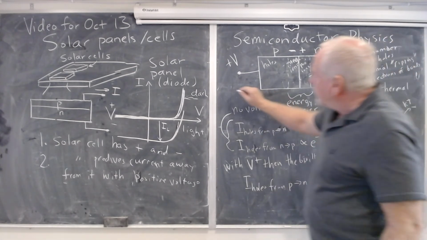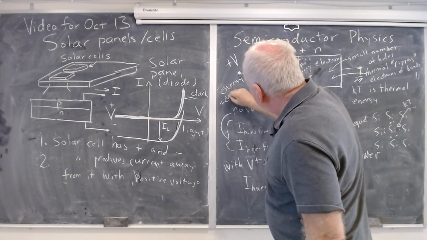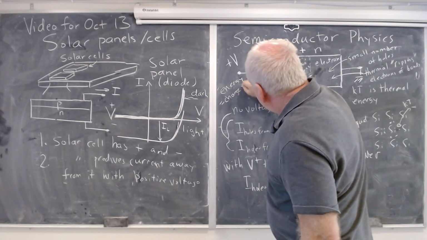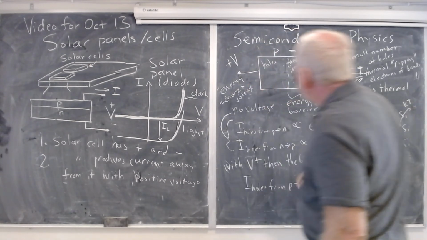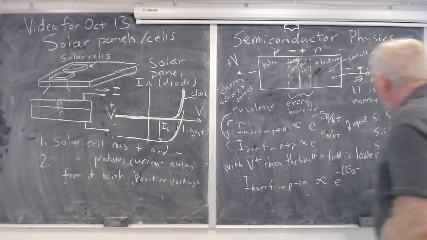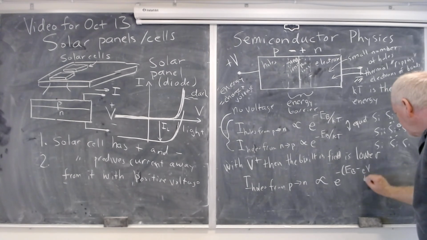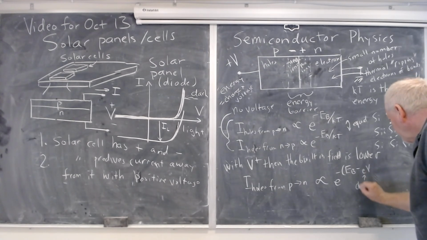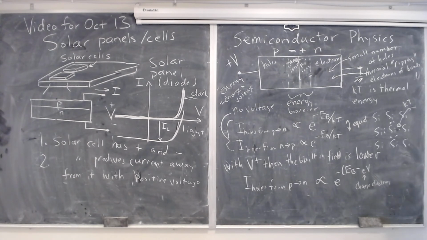Well, remember, energy is equal to charge times voltage. So I put a voltage there, where this is the charge of an electron. And I know there's little e's floating all over the place because you have the exponent here, but that e there is the charge of an electron.